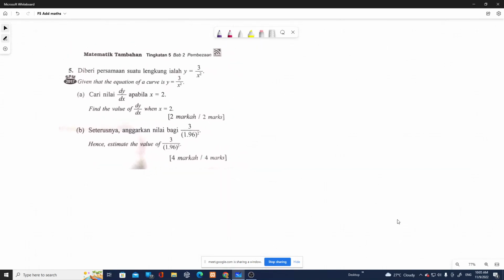Given that the equation of the curve is y equals 3 over x squared, find dy over dx when x is 2. So you need to find the differentiation. Do you know how to do this for a? Yes, you convert 3 over x squared into indices. So y equals 3 x to the power negative 2.